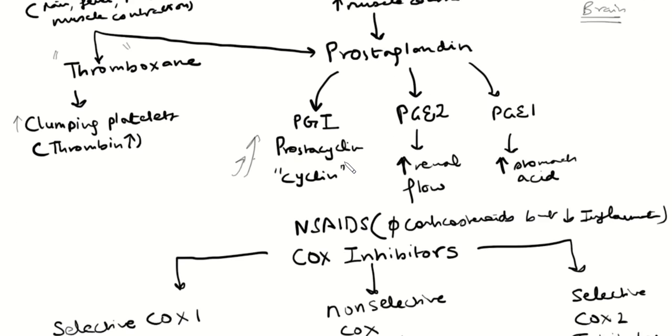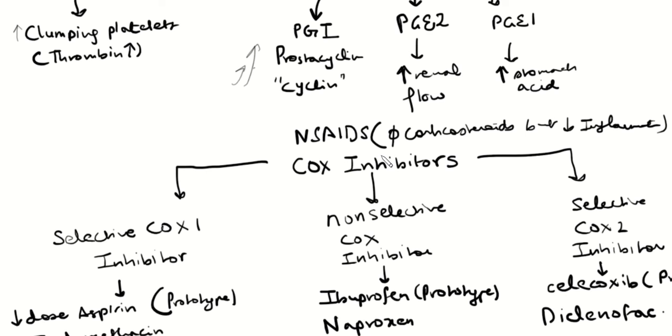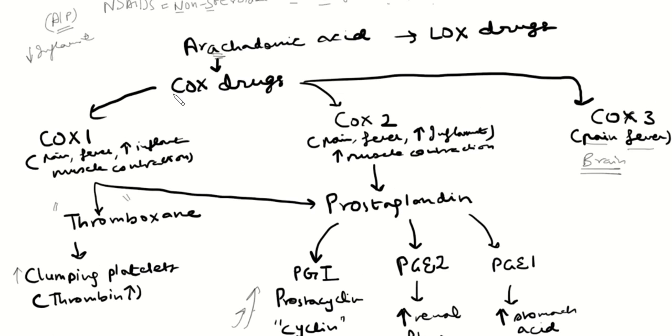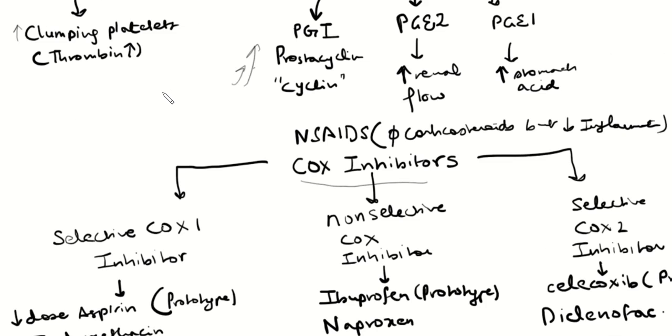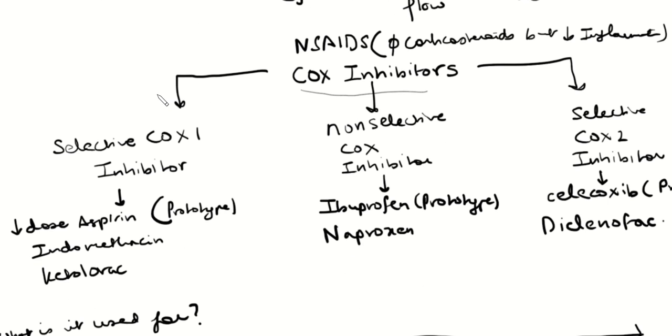Again, we talked about NSAIDs, non-steroidal anti-inflammatory drugs. They are not steroids, but they decrease inflammation. So these are COX inhibitors: drugs that inhibit the COX enzyme, and by virtue of that, decrease inflammation. Now, you have three categories of COX inhibitors or NSAIDs.